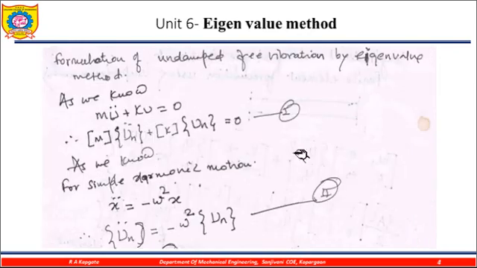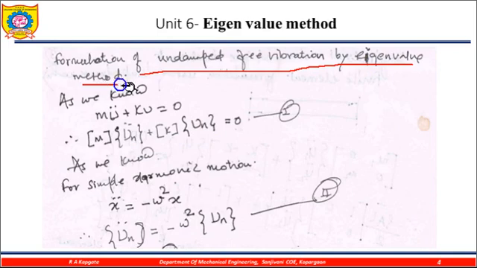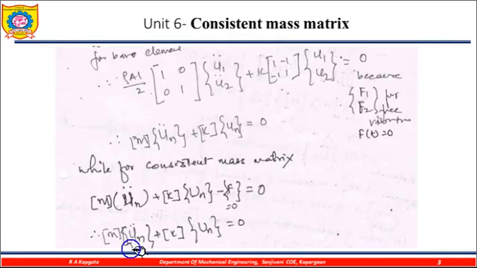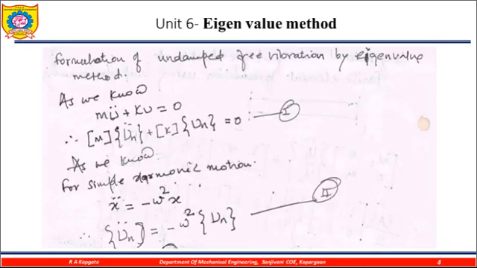Now this is the formulation of undamped free vibration. Now we need to solve it. Whatever equation comes here, we need to solve it. For solving this, we are using the eigenvalue method. In the eigenvalue method, as we know, my equation is M into u double dash plus K into u is equal to 0.